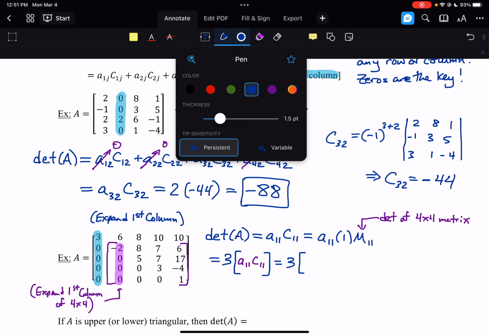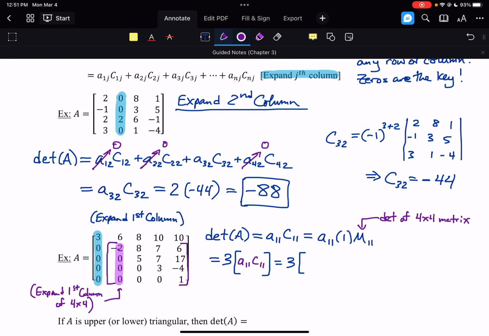We get the 1, 1 component here, that's -2. That's going to have a value of +1, right? Because of the 1 plus 1 for the cofactor. And then times the minor of the 1, 1 component within that 4 by 4.